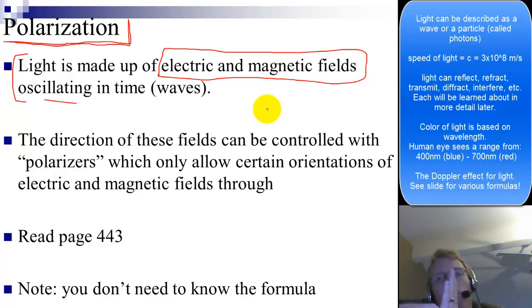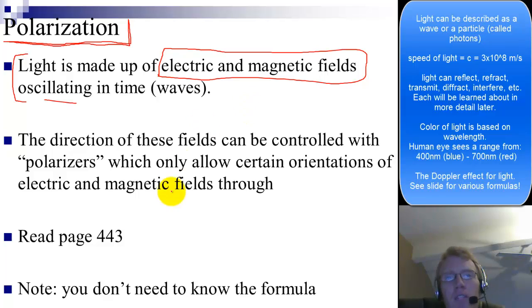And if you use polarizing sunglasses that can block that particular orientation of light, then they'll let regular light through that's oriented in a different direction, but all the glare that has a certain orientation, the polarizers, if you orient them correctly relative to that light, will block all of that light. So polarizers only allow certain orientations of light to go through, and if you know a certain orientation you want to block, you can set up your polarizer to block specific orientations of light.